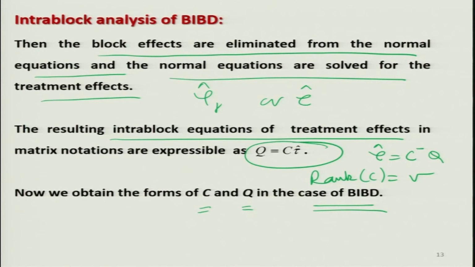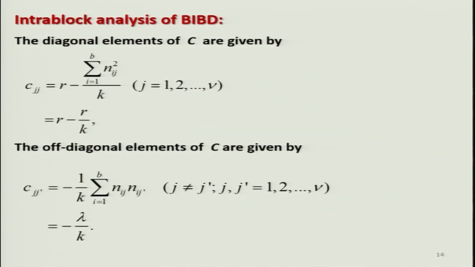Once I can find them, then I can obtain Q and C in the case of BIBD. So, let us first find the structure of the matrix C. C is a v by v matrix. This matrix will have two types of elements, diagonal elements and off diagonal elements.